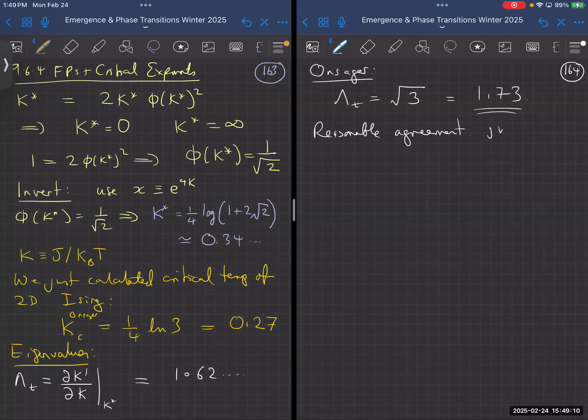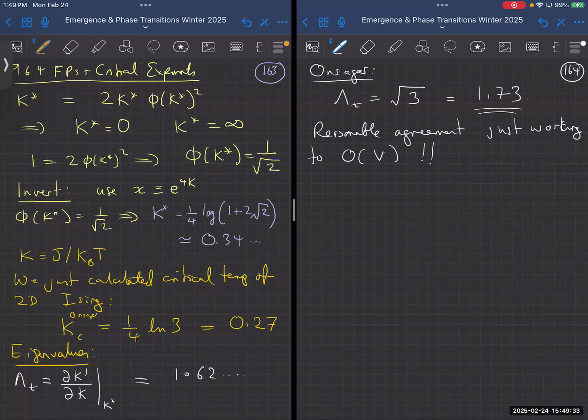And that's just working to order V. Okay. And we didn't have to do much work, compared to solving the Ising model exactly as Onsager did, which is an amazing piece of work.